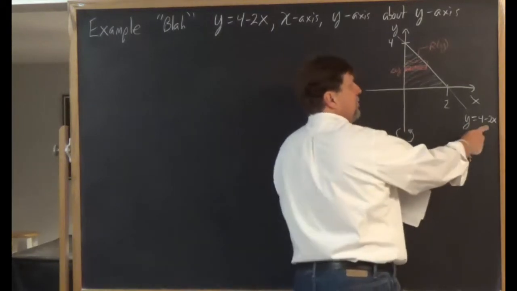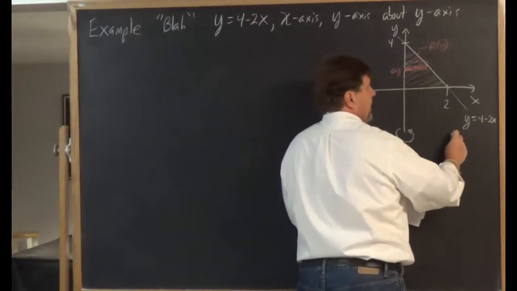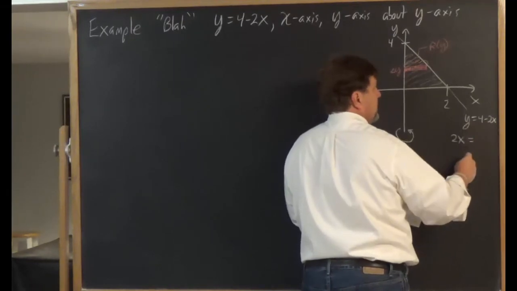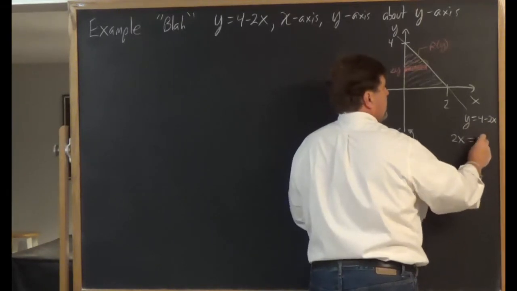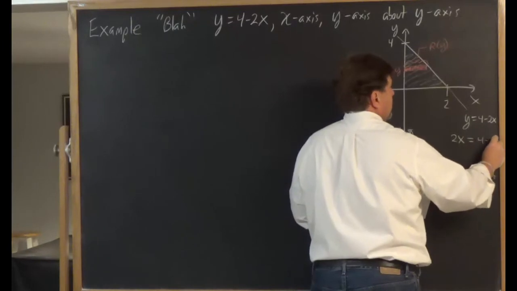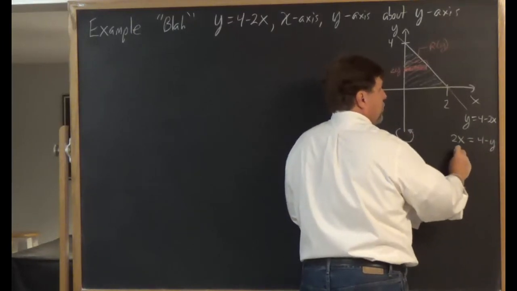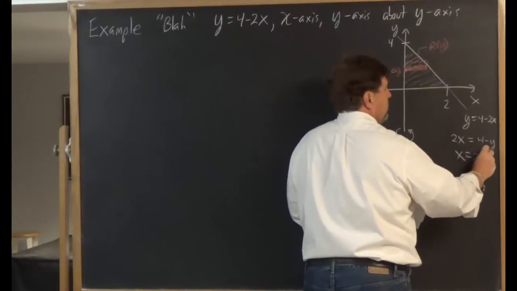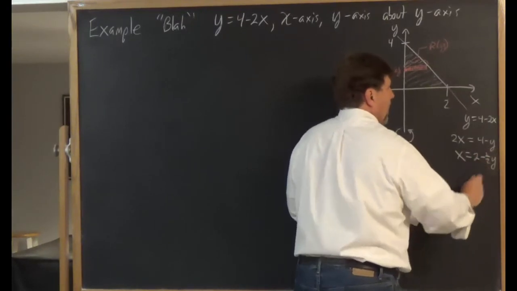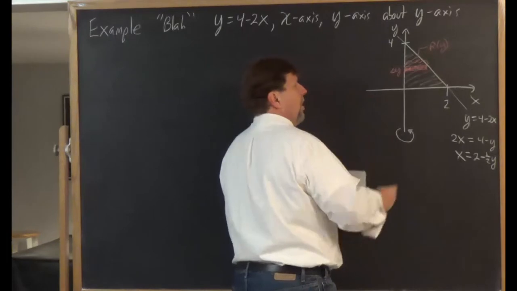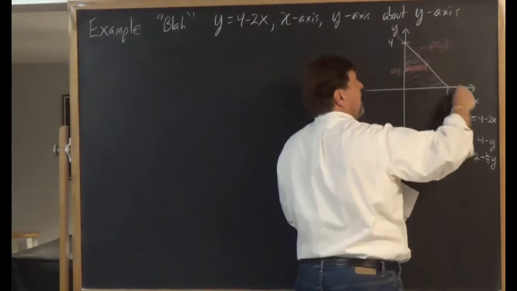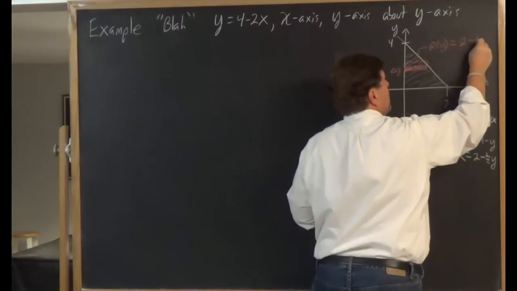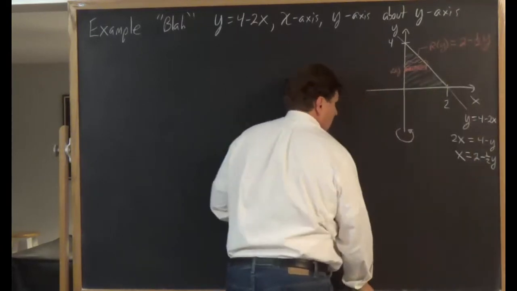If I add 2x to both sides, subtract y from both sides, then divide both sides by 2, I get x equals 2 minus 1/2 y.